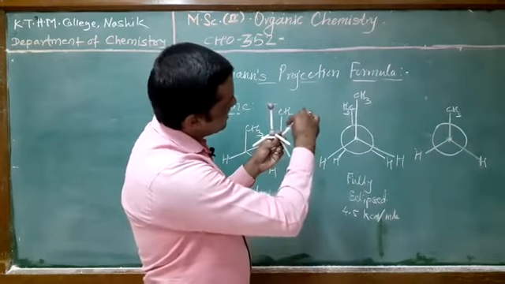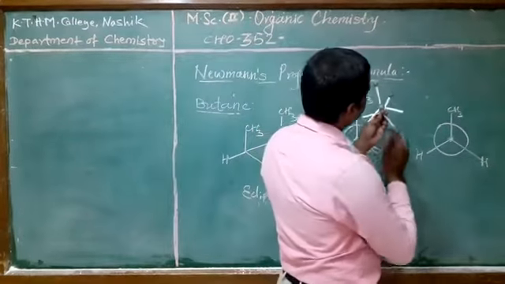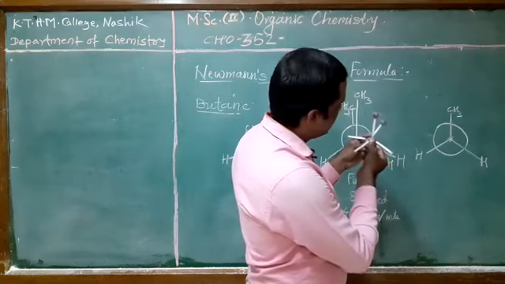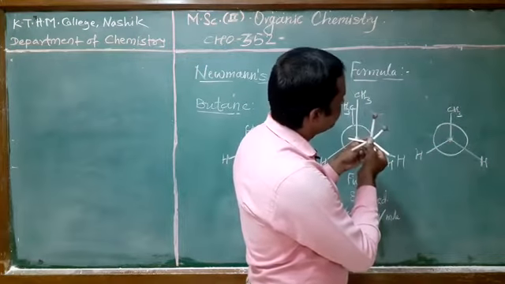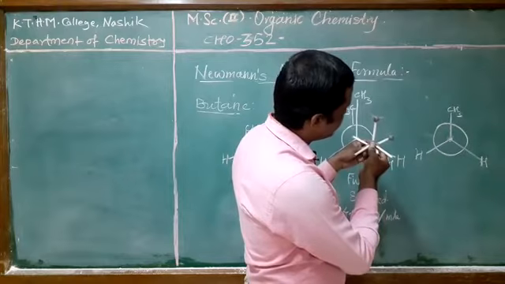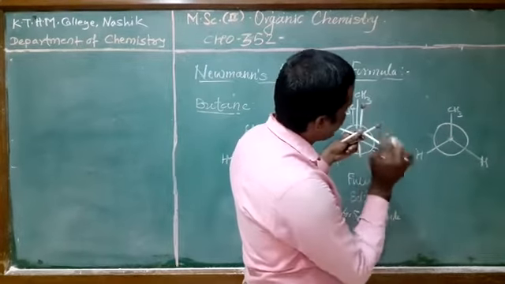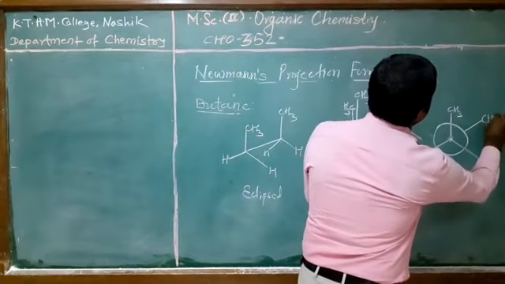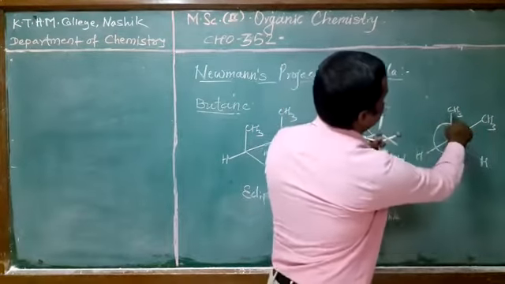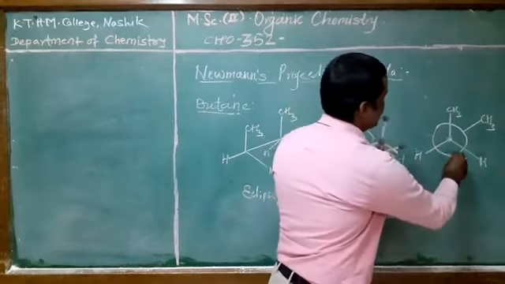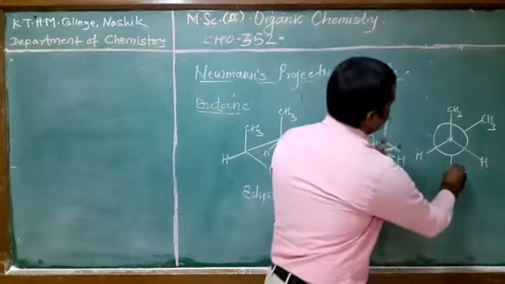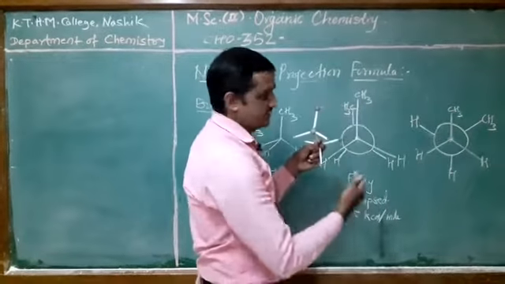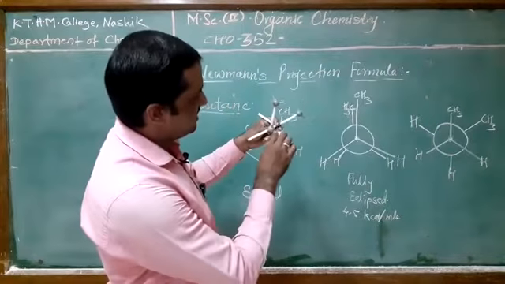Therefore, another, second conformation is obtained, in which the front carbon is kept as it is, but the backside carbon shows the substituents like this. CH3 is here, in between the CH3 and hydrogen of the front carbon atom, a hydrogen is below, and another hydrogen is upward on the left-hand side.